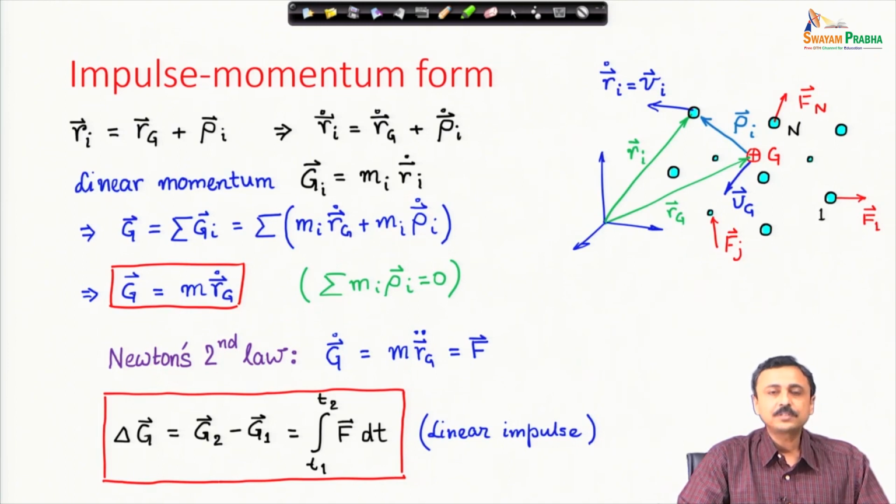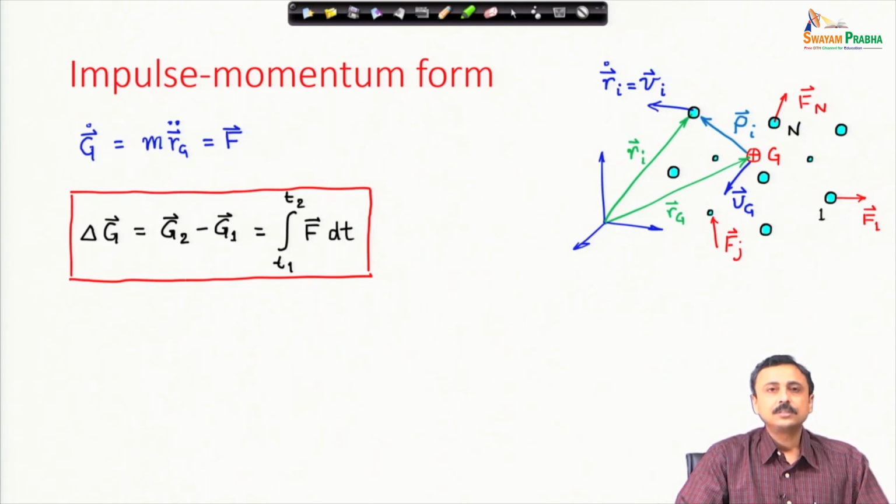So, what we have seen here is that the linear momentum of the system is related to the velocity of the center of mass, the total mass of the system times the velocity of the center of mass, and the rate of change of linear momentum of the system is equal to the net force acting on the system, and integrating this generalized Newton's second law, we obtain the linear impulse momentum relation.